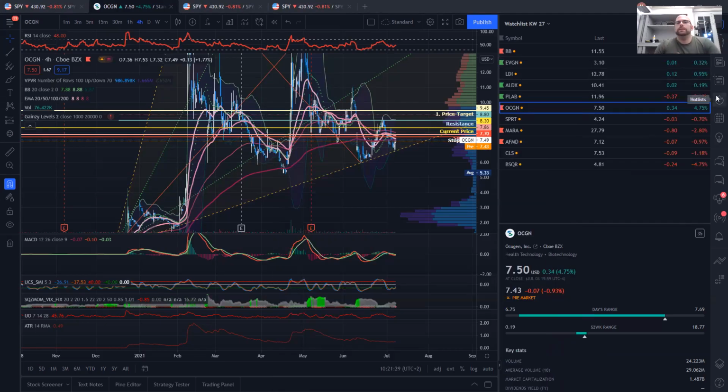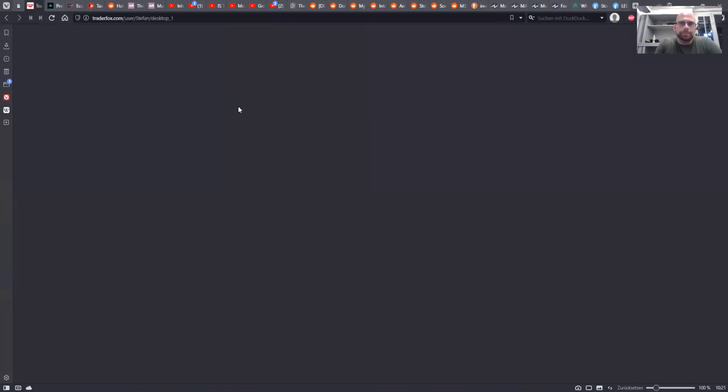So my main watch list managing program is TradingView. For the daily check of my holdings and watch lists, I use TraderFox.